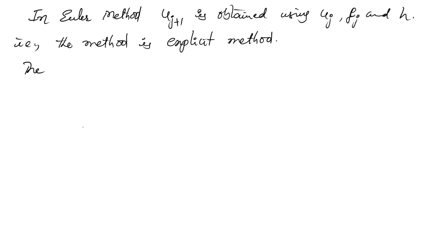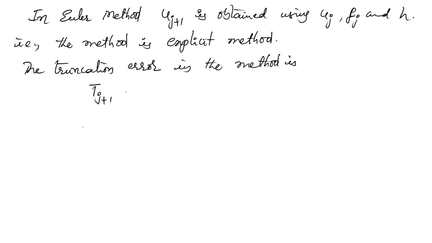And the truncation error in this method, let us see. The truncation error in the Euler method, what is the notation? T j plus 1 is equal to the exact solution u of t j plus 1 minus the numerical solution.